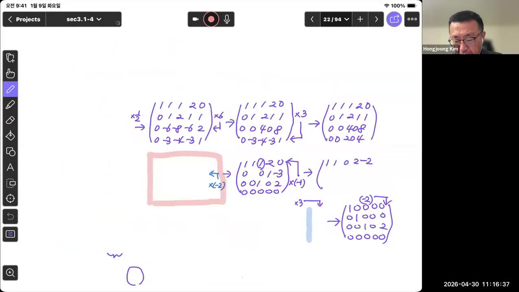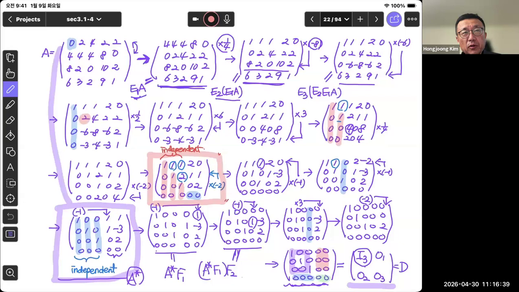Let me go back to this matrix. So when I look at the matrix inside the red box, I mentioned that three columns are linearly independent because when I look at three rows in this matrix, they are linearly independent. Due to these zeros, three rows are linearly independent.